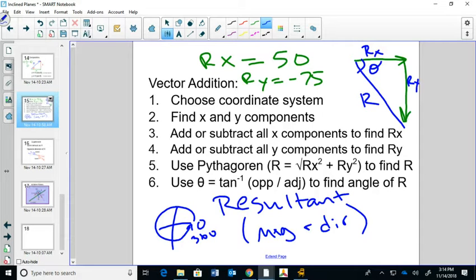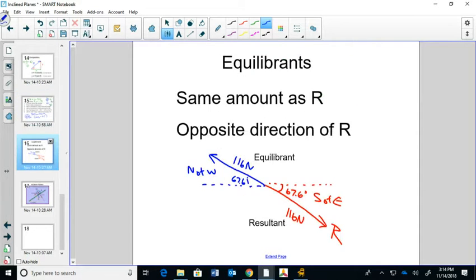These are the 6 steps. The next piece we learned was about equilibrants. An equilibrant is exactly the same magnitude as a resultant. If I got 110 on the other guy, 110 is my equilibrant, but it's in the exact opposite direction. Here's the example from the challenge problem: 116 newtons at 67.6 degrees south of east. That was our resultant, from all 10 of those forces.